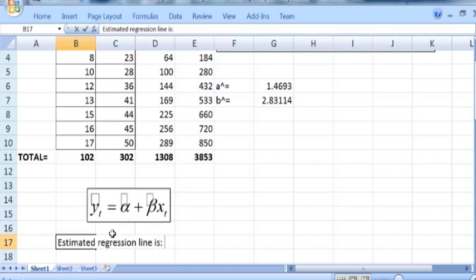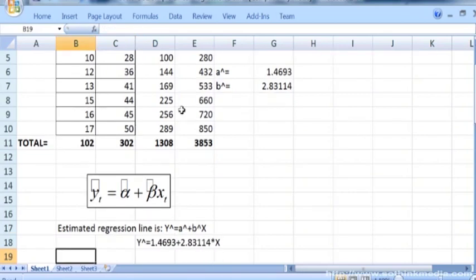So the estimated line is y hat is equal to alpha hat plus beta hat times x. Just plug in the values of alpha hat and beta hat. So y hat is equal to 1.4693 plus 2.83114 times x. This is the estimated regression line.